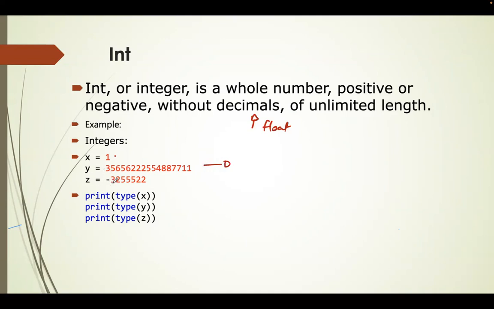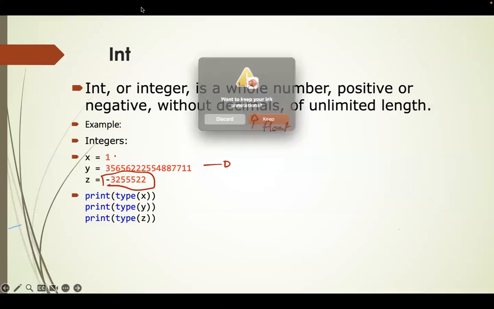If it's got a negative sign, it's still an integer. So being negative does not remove it from being an integer. But what about 0? Is 0 an integer? Yes, it is, according to Python.